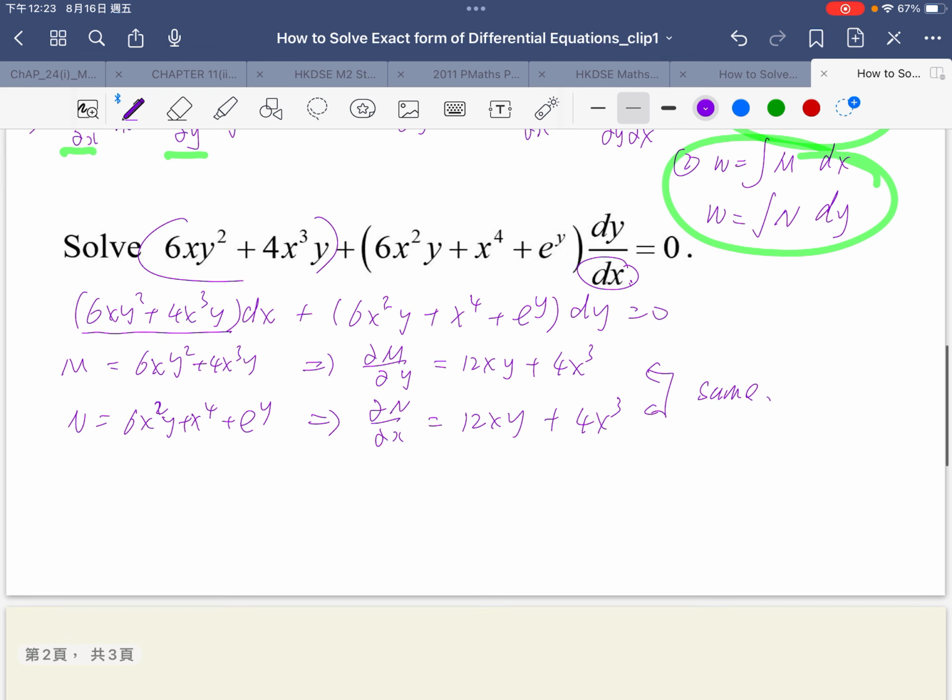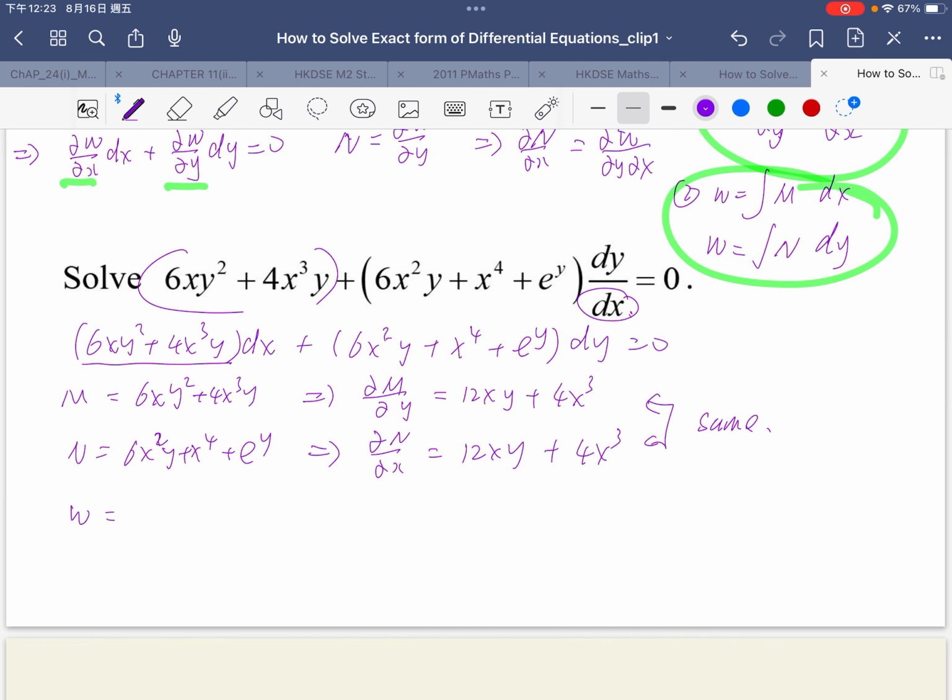So nice, so nice. And then the next step we have to find the W. For the function of M, we integrate M with respect to dx. In this integration, we only focus on the variable x.